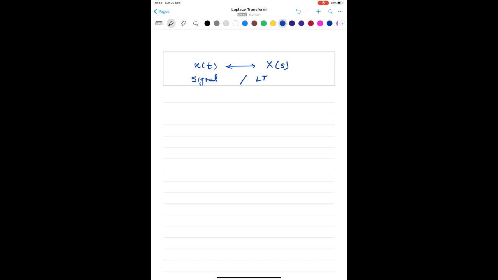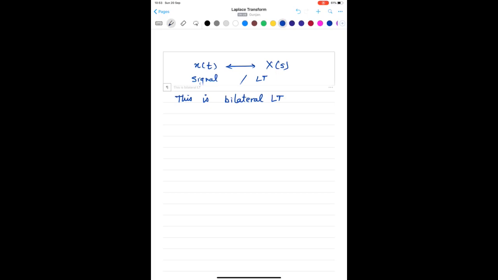Because we are integrating from minus infinite to infinite, we can say this is bilateral. Unilateral is when we are integrating from minus infinite to 0 or 0 to infinite. So this is bilateral LT, or we can say Laplace transform.